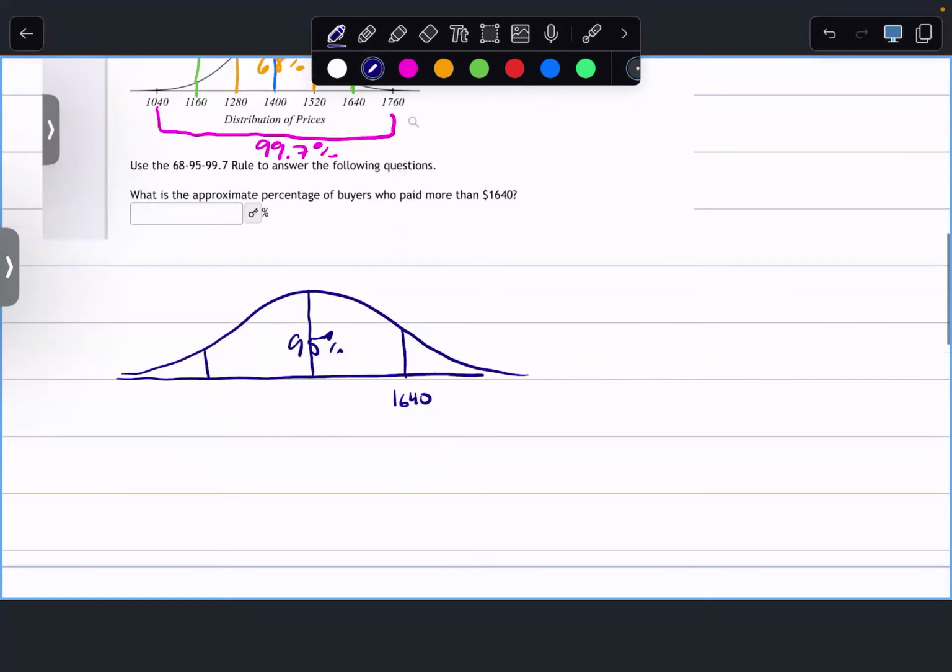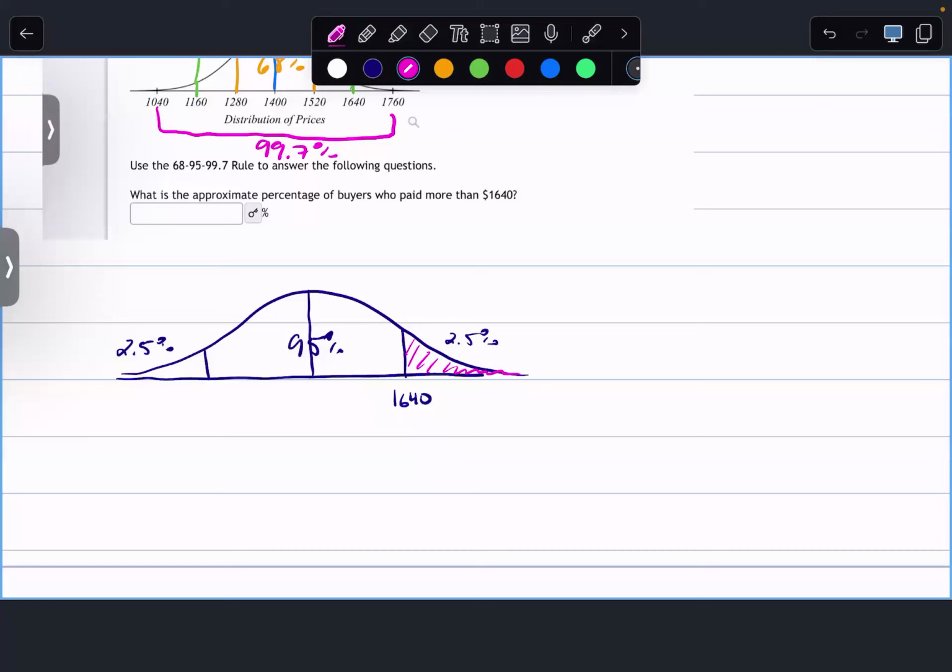By symmetry, I have 5% in the tails, but that's split evenly amongst the tails. So that means that I have 2.5% here and 2.5% here. So what's the approximate percentage of buyers who paid more than 1640? Well, that's going to be this area, right? Because you've got the prices on the x-axis.